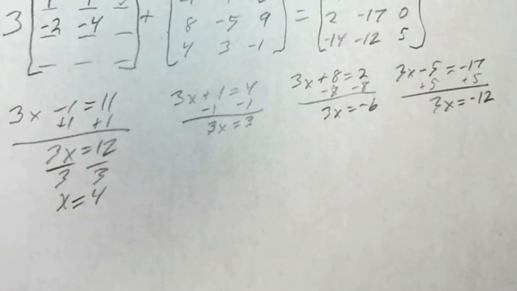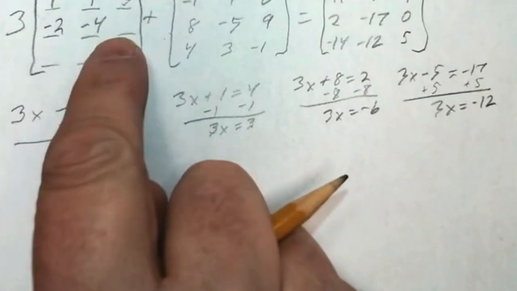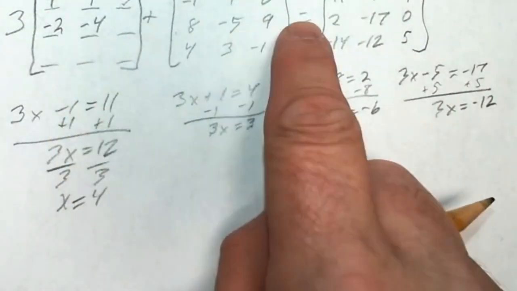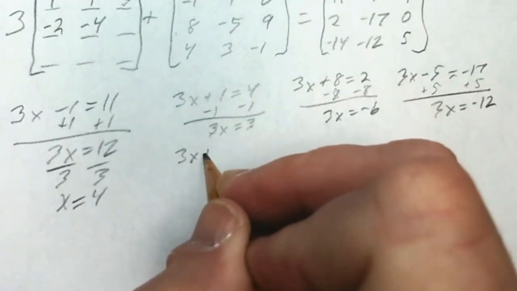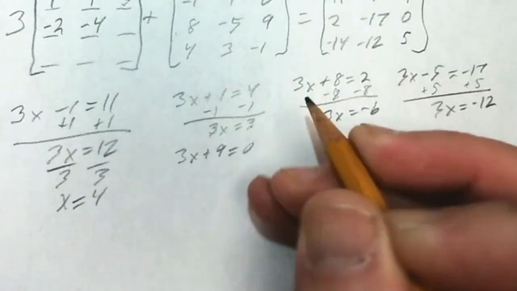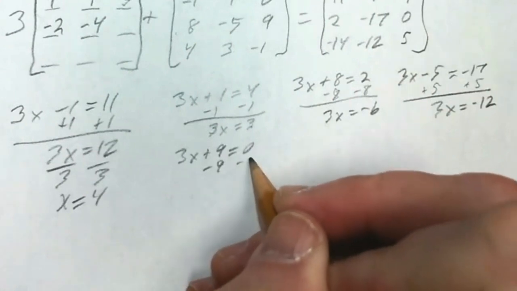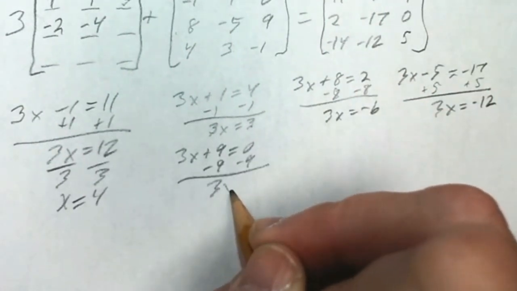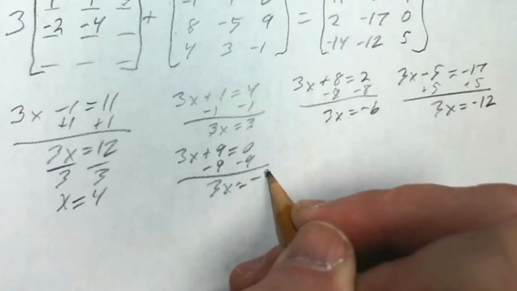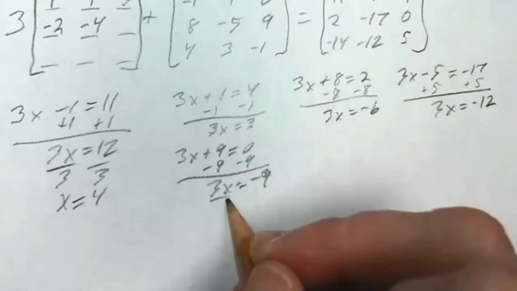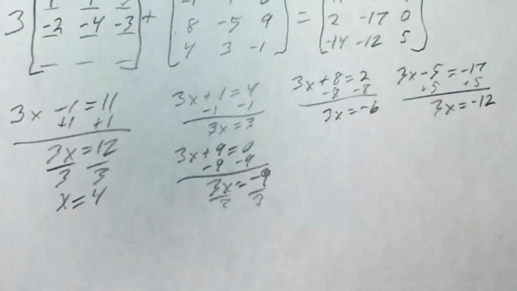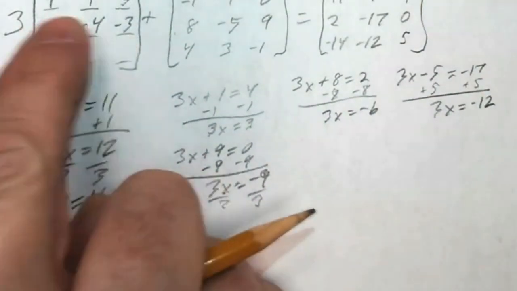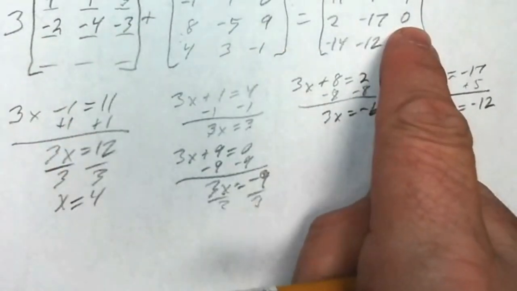All right, going well. 3 times something plus 9 equals 0. 3x plus 9 equals 0. Subtract 9. 3x equals negative 9. So if you divide by 3, this is negative 3. 3 times negative 3 is negative 9. Negative 9 plus 9 would be 0.